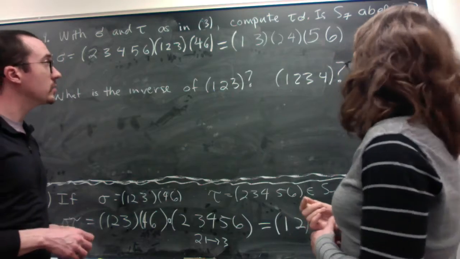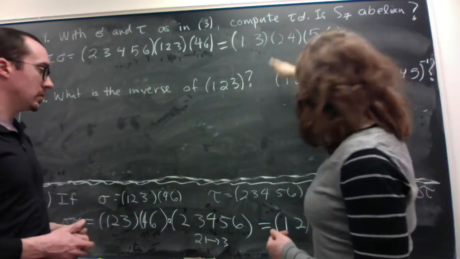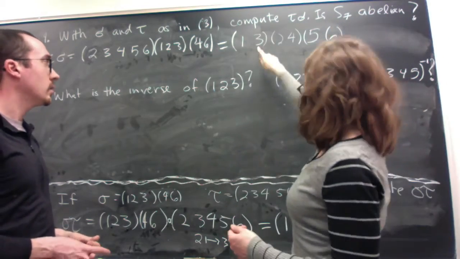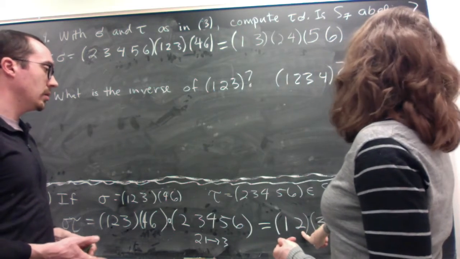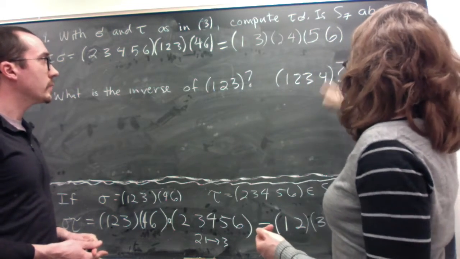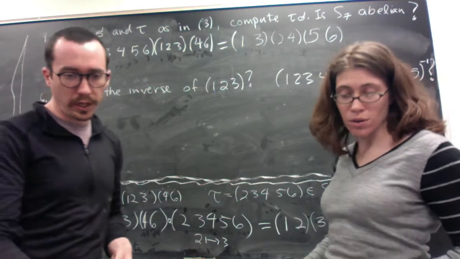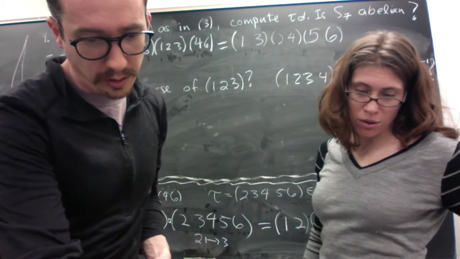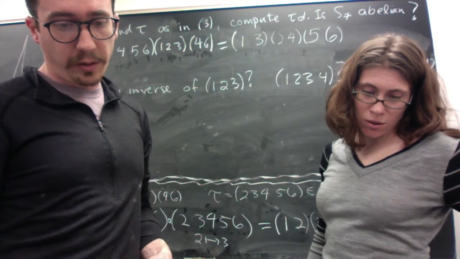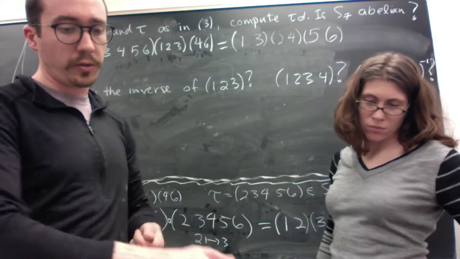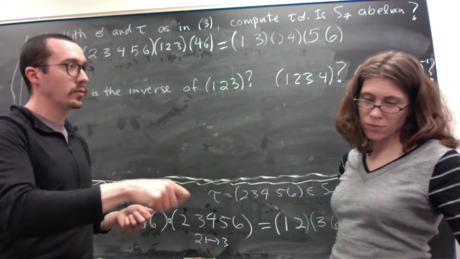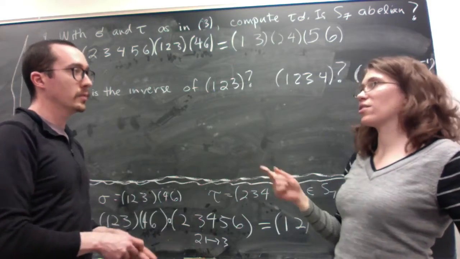2 cycles. Okay, but the numbers are different. So here 1 mapped to 3, and here 1 mapped to 2. So these aren't the same cycle. So it's also not just like what happened in part 2, where the cycles looked different, but they were the same cycle because it was just wrapped around. Oh yeah, that's something we have to think about.